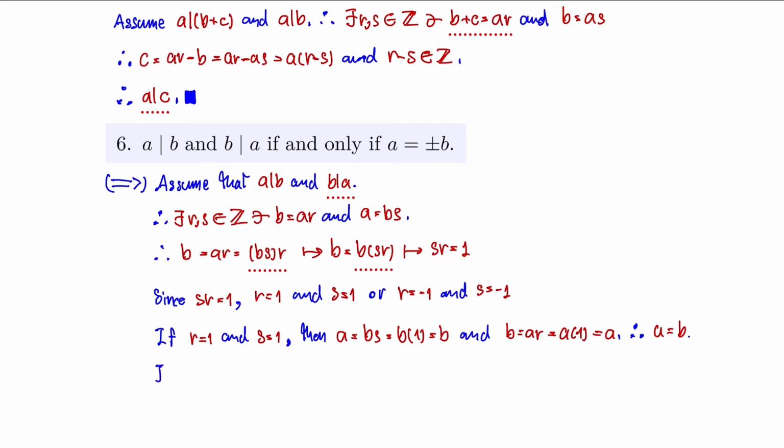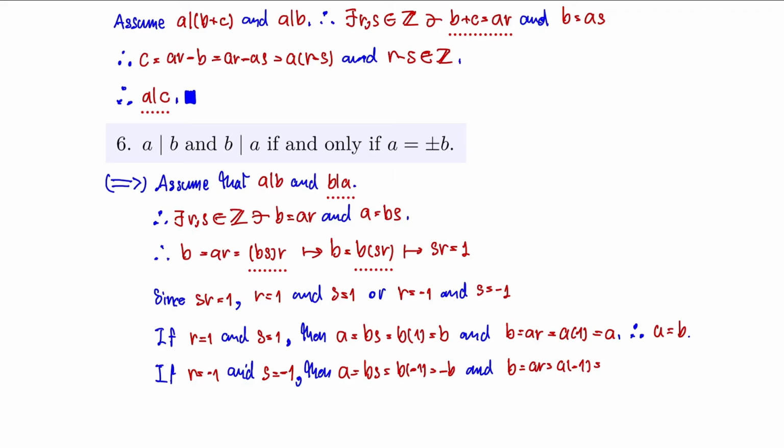Now, if R and S are both minus 1, what happens? We start from A equals BS and S is minus 1, which is minus B, and B is AR, and R is minus 1.